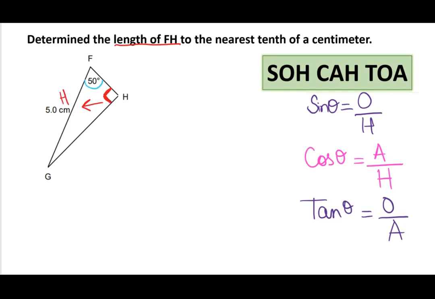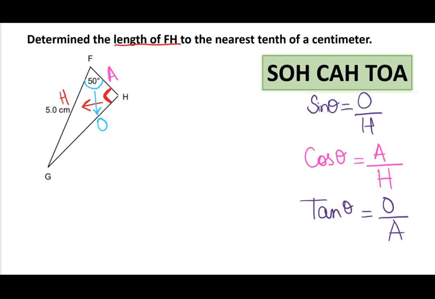Now we look at our angle, which is given to us right here, and the side that is opposite to the angle is called opposite. Now the third side, or the side that is left, is called adjacent.